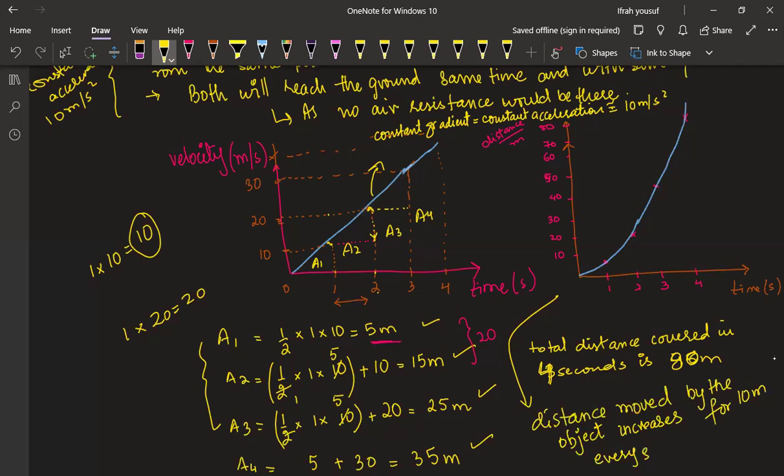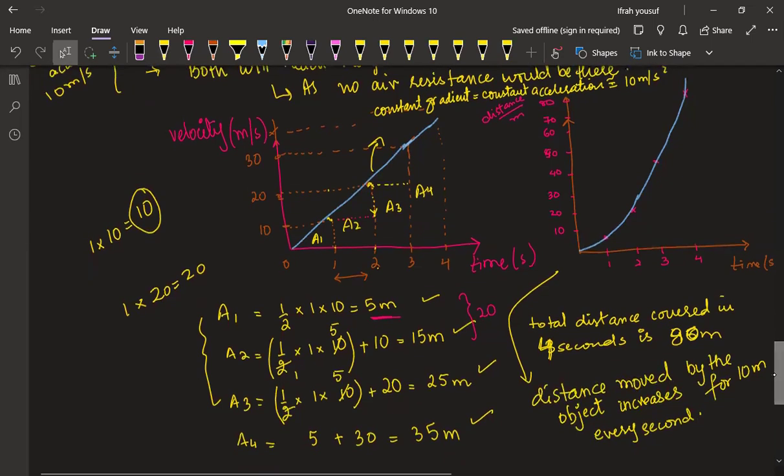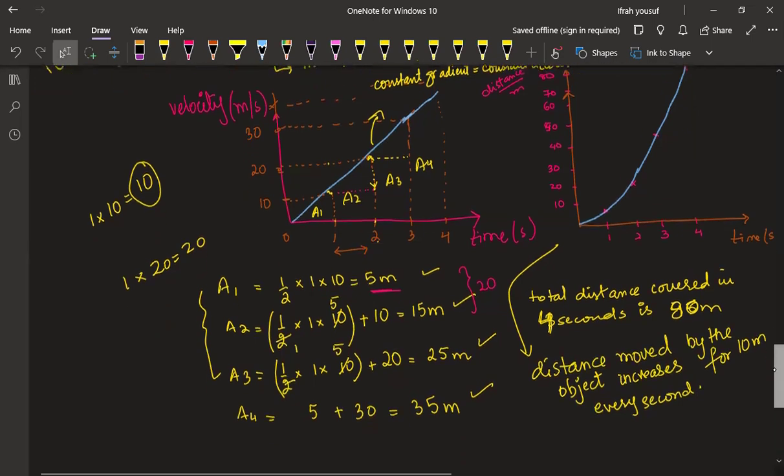So in every second, we are observing here that the distance moved by the object is increased by 10 meters, right? I hope you have got all things clear now. Okay. So the gradient increases, right?